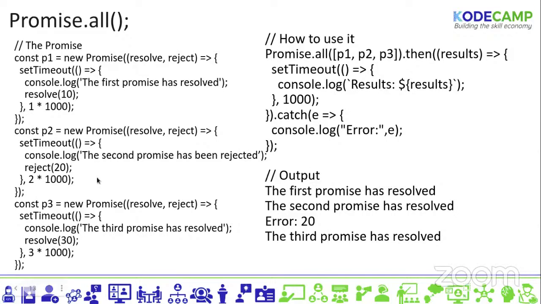Because one of the promises you passed in failed. It rejected, it didn't resolve. Let's take this as pass and fail: this promise passed, this one failed, while this one passed. Since one of the promises failed, it won't console log the results.